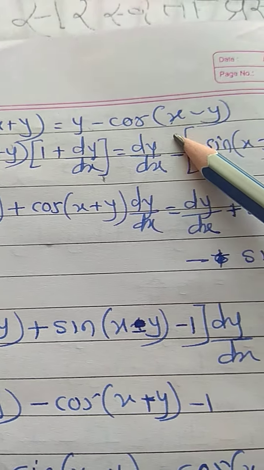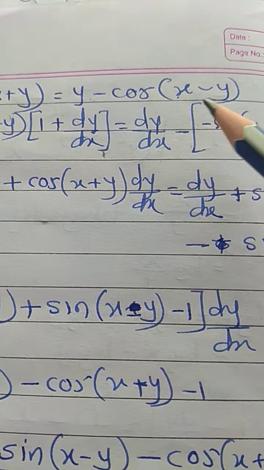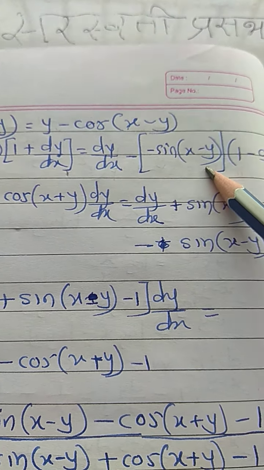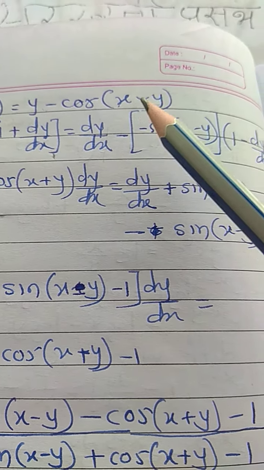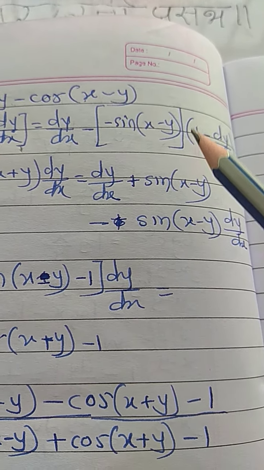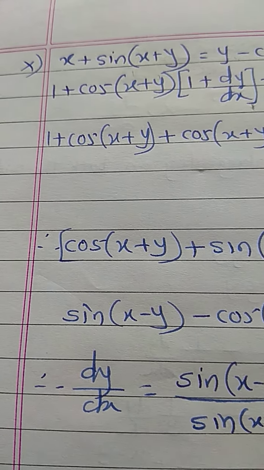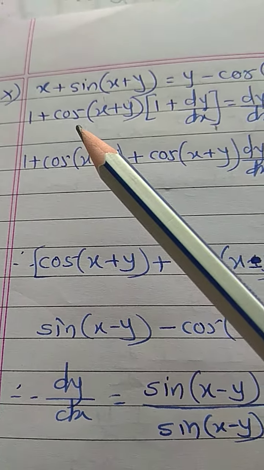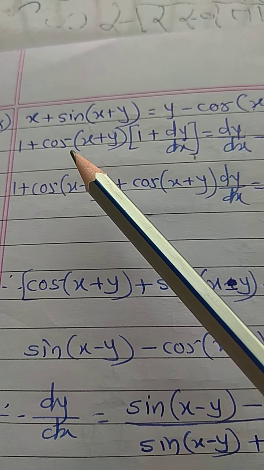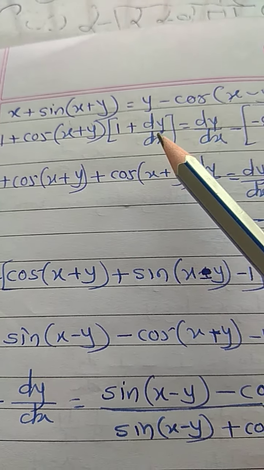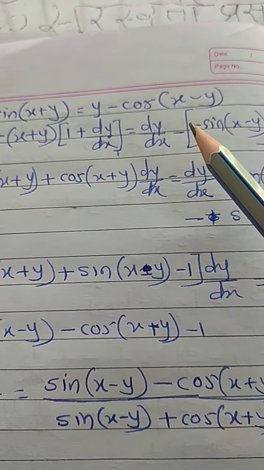Here also derivative of y is dy by dx. Minus derivative of cos is minus sine of x minus y into derivative of x minus y. What is derivative of x? It is 1. Derivative of y is dy by dx. Now 1 plus cos of x plus y plus this cos of x plus y into dy by dx will give you cos of x plus y dy by dx.